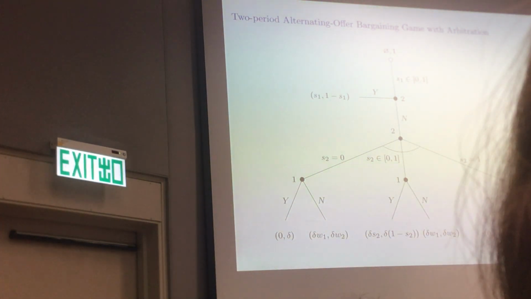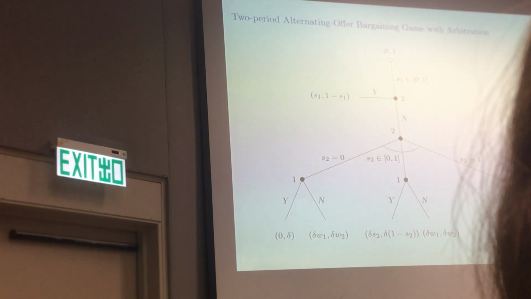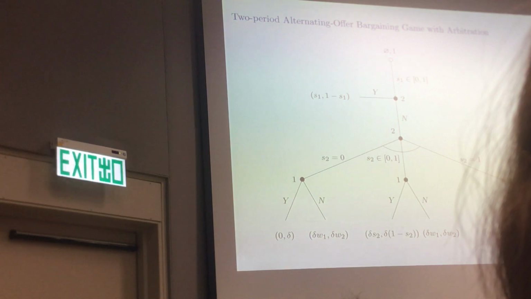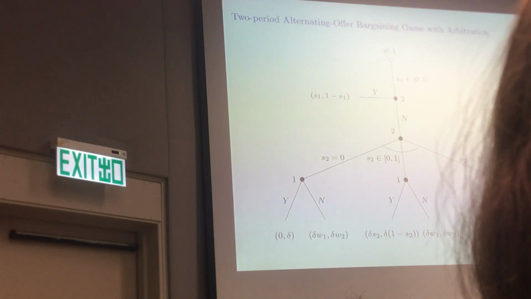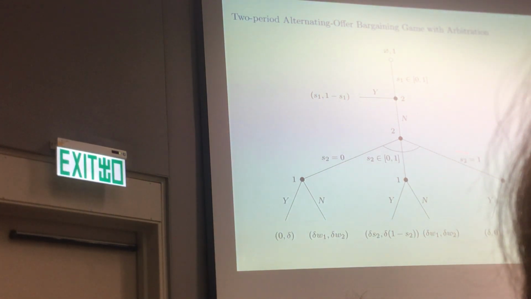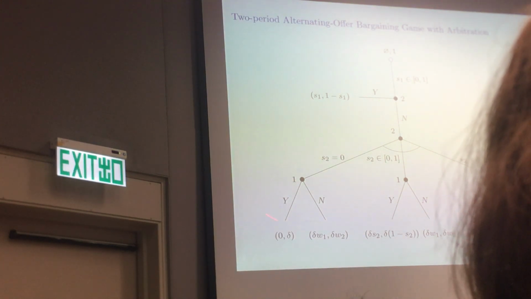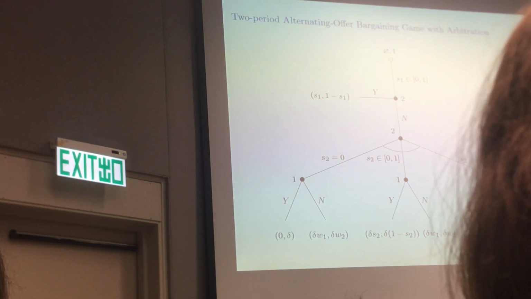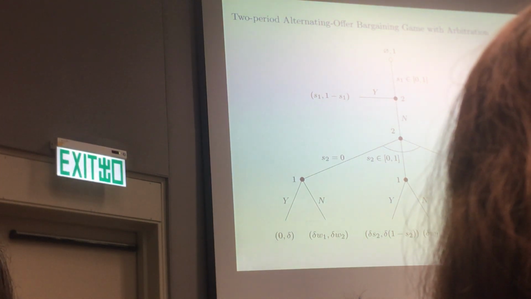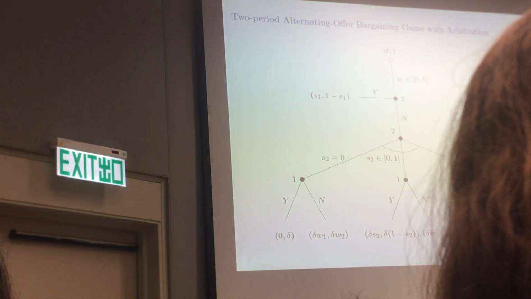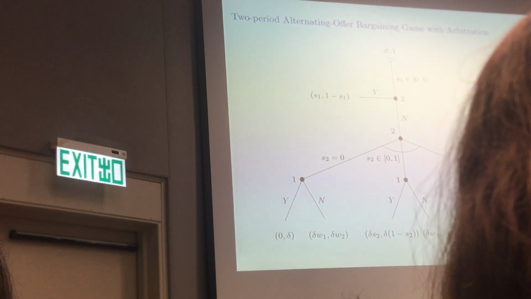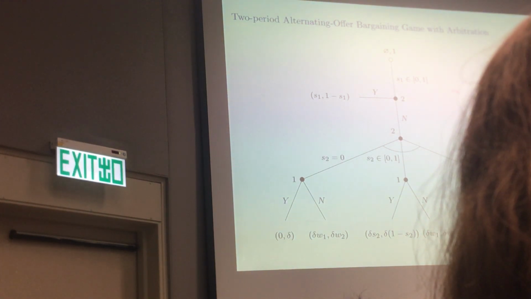Subgame perfect equilibrium means that the equilibrium strategy is a Nash equilibrium for any subgame. Which means that if you restrict that strategy to this subgame, then it has to also be a subgame perfect equilibrium for that smaller subgame.